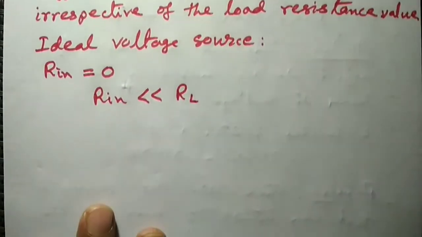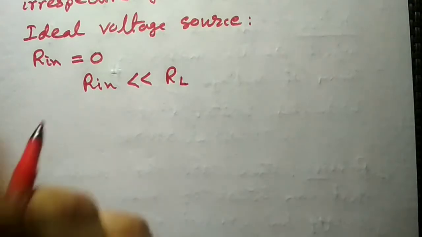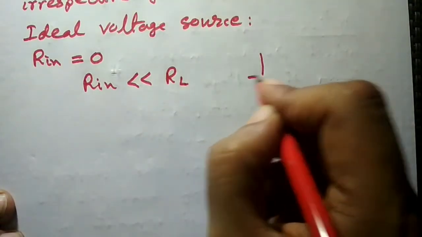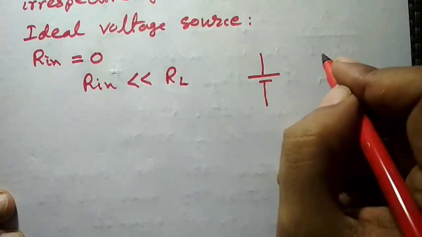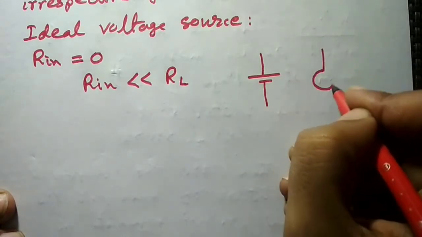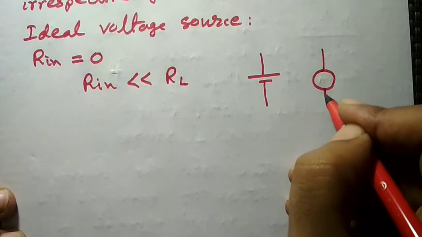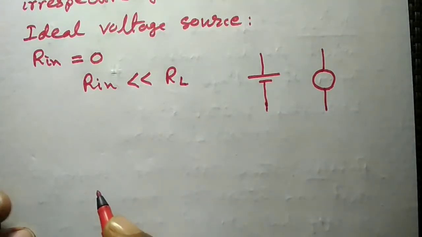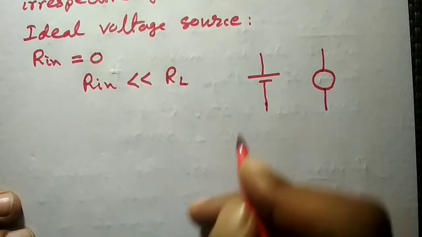Now the symbolic representation of the voltage source is, so this is the symbolic representation of the voltage source.